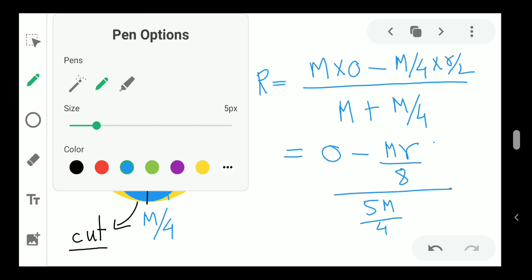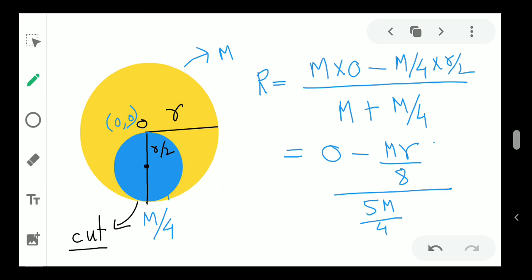So if we simplify this, the result will come r by 5 minus r by 5. Oh no, I have 2 down here, so 2 will be multiplied with 5, so it will be 10. In this case it will be minus r by 10.